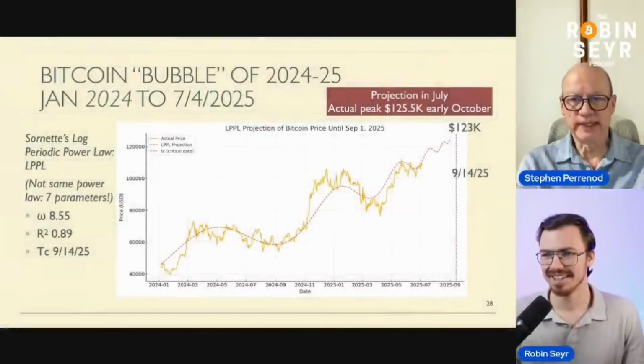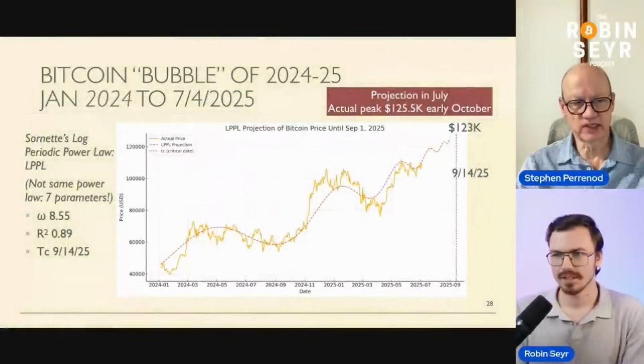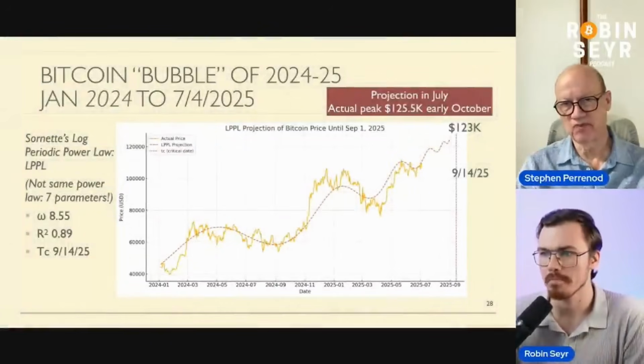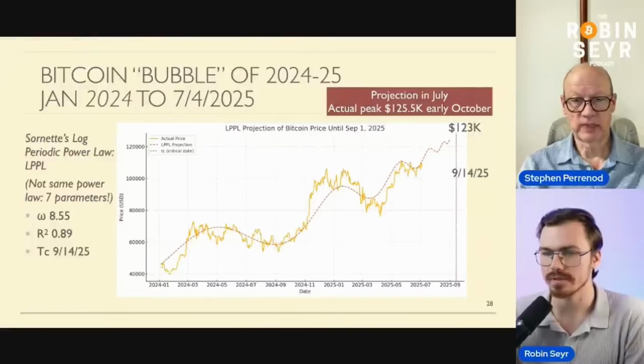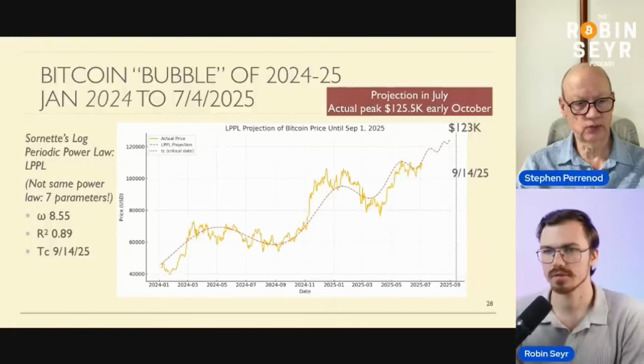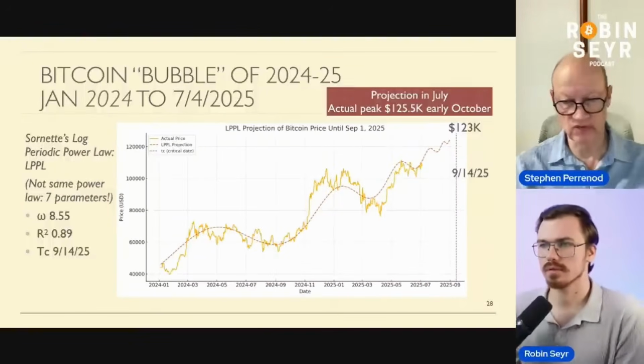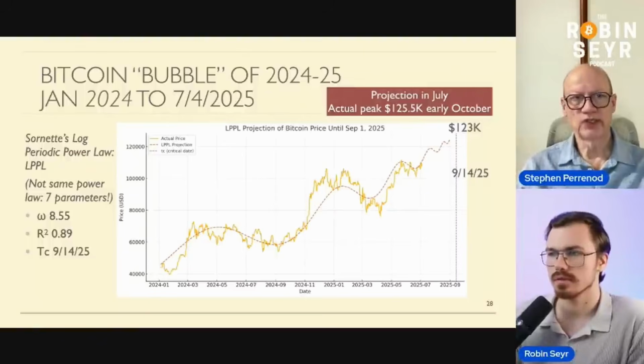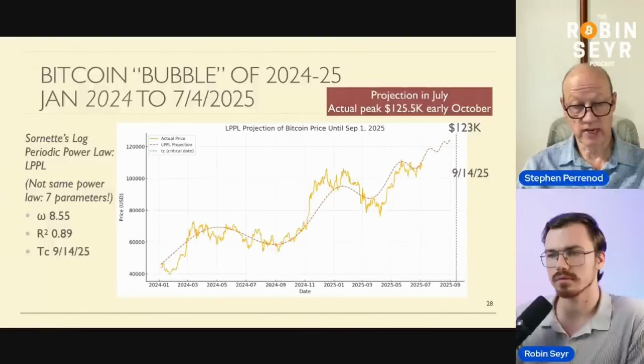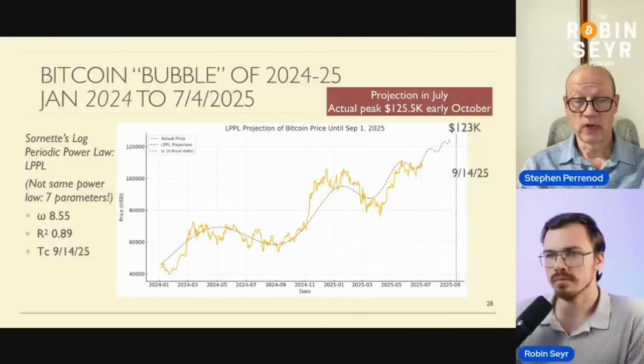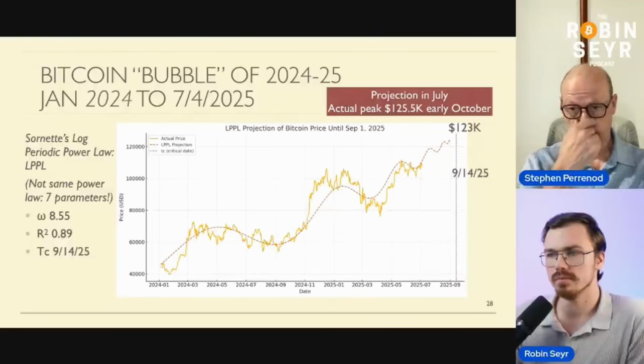This one's interesting. And this is kind of the backdrop for the analysis of the log periodic power law of the bubbles. But Didier Sornette is a geophysicist who has developed this log periodic power law and used it to model earthquakes and other geophysical phenomena, but also financial series.